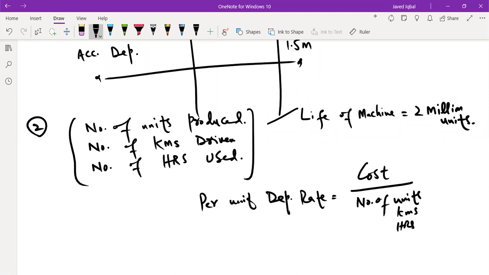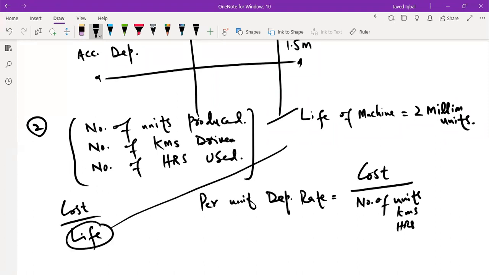So it's the same thing. You're writing basically cost divided by life, but the difference is that you have a different type of life here.